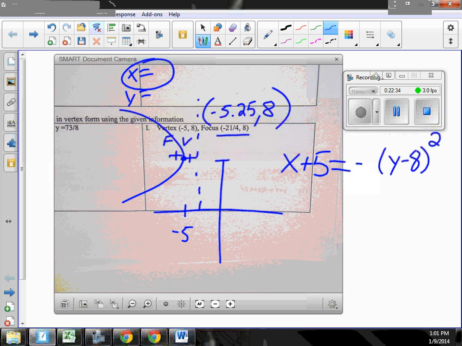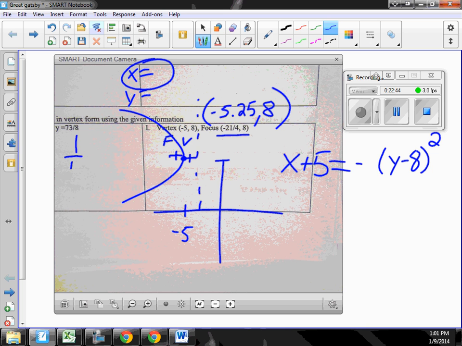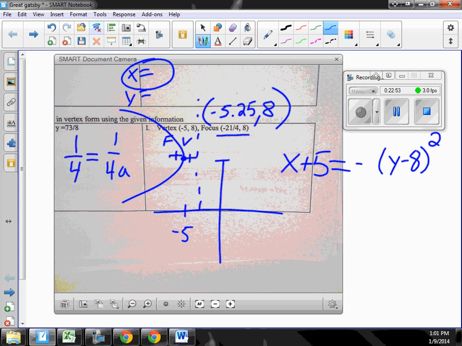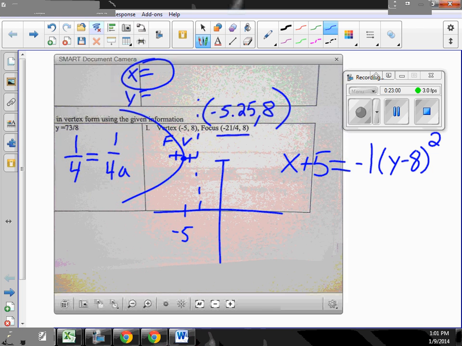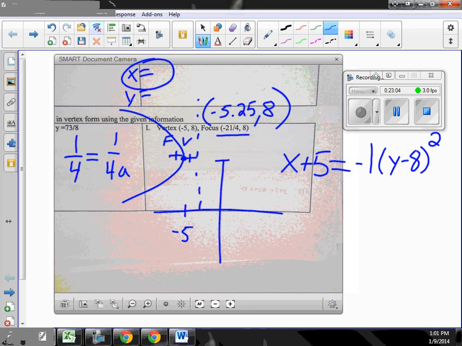So how far away is the focus from the vertex? 0.25 or 1/4. So I know that 1 over 4 is equal to 1 over 4a. Oh, that's easy. A is 1. So if you want to, you can write the a value there. If not, it doesn't matter. And that's the equation of that parabola.